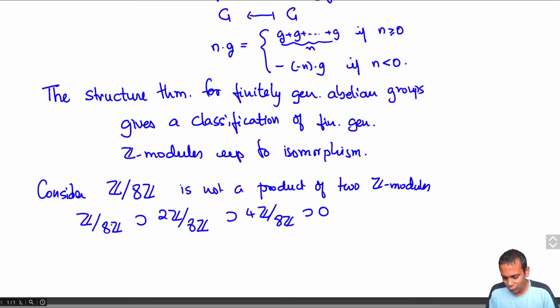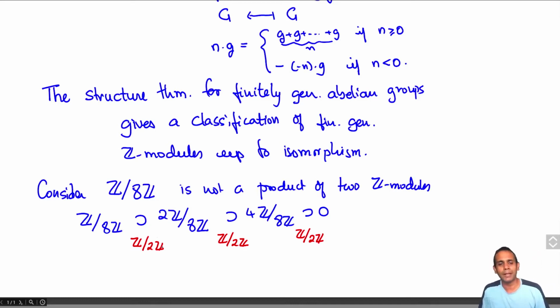To get an idea of what is happening in between these pieces, you can compute the quotient of Z/8Z by 2Z/8Z, and you'll see that this quotient is isomorphic to Z/2Z. Here this quotient is also isomorphic to Z/2Z, and here this quotient is also isomorphic to Z/2Z. So this is the kind of thing that we are going to be interested in the next couple of lectures. So this Z/2Z is an even more fundamental building block. This is what is called a simple Z module.